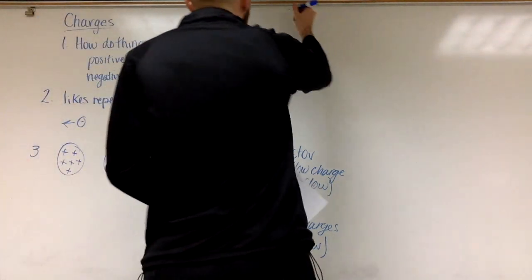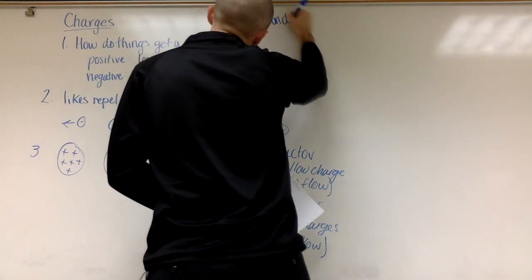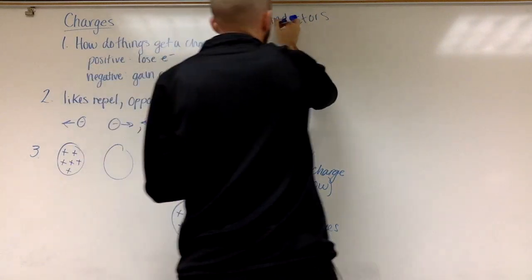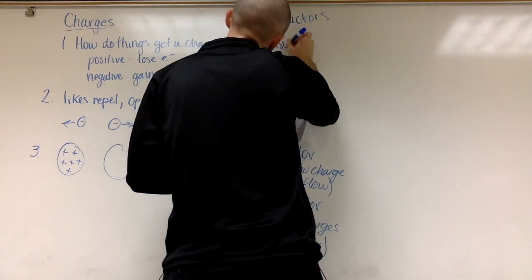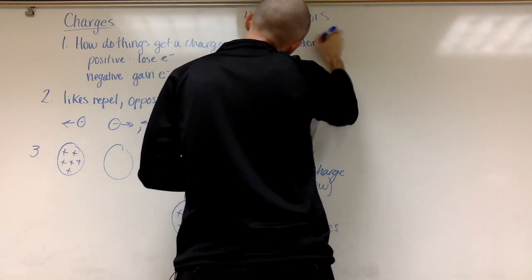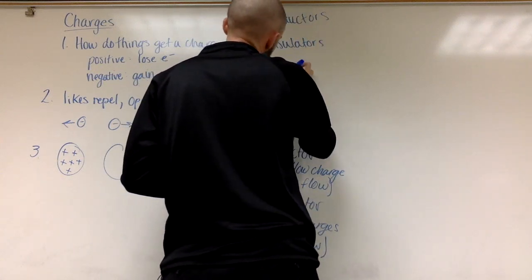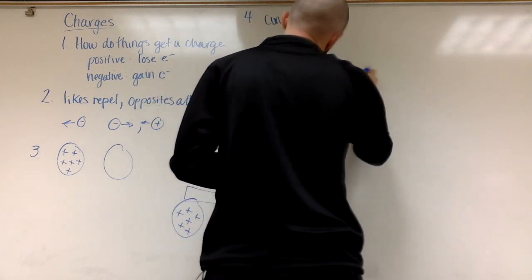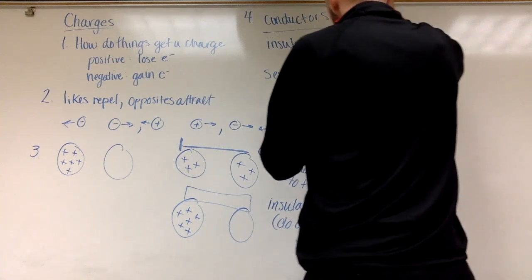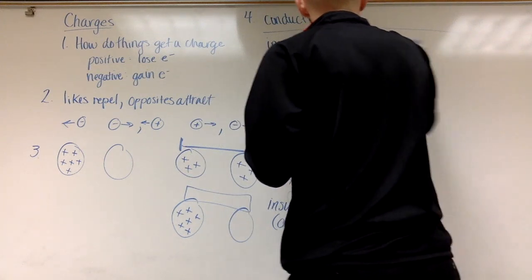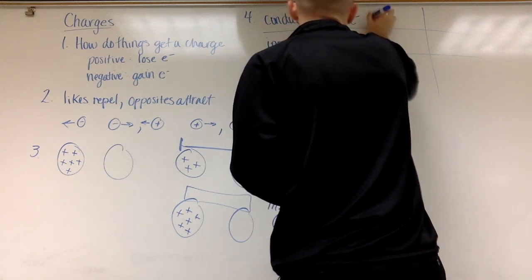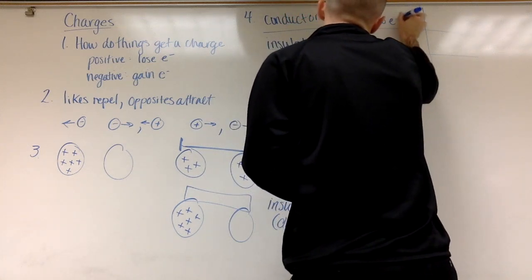So let's make a chart real quick. This is number 4 as well. We've got conductors, insulators, and semiconductors. In conductors, electrons flow easily.